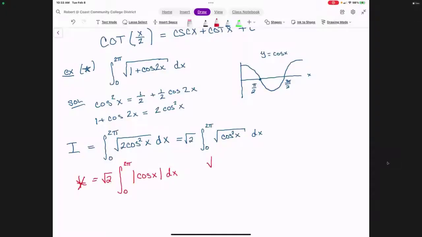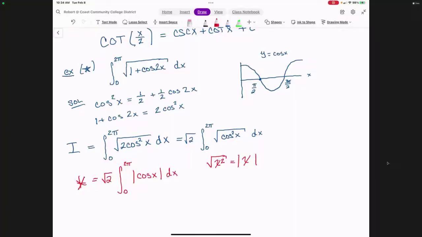Okay? The square root of an unknown quantity squared is the absolute value of that unknown quantity.